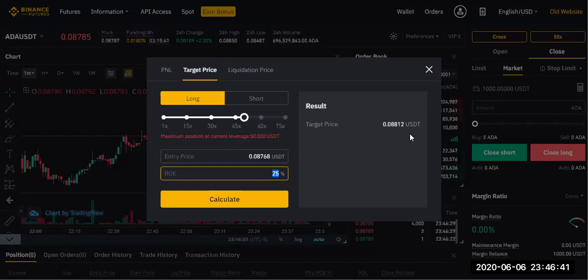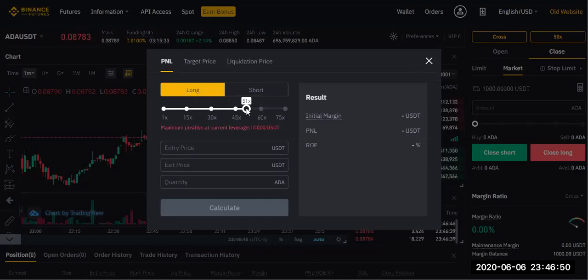But this is what we were looking at, the target prices of where we're going. Same thing as if we were to go short here. That's what we will look at. And then this can show you if you went long at 0.0876 and it went to 0.1, and let's just say you had 2,000 Cardano.